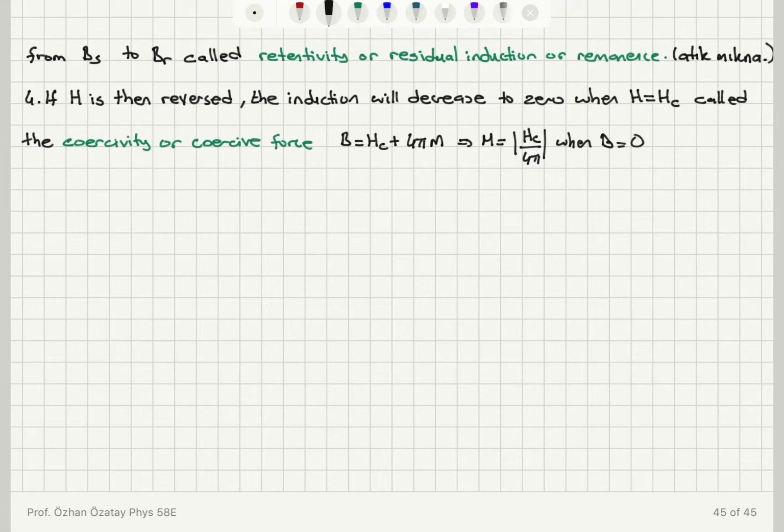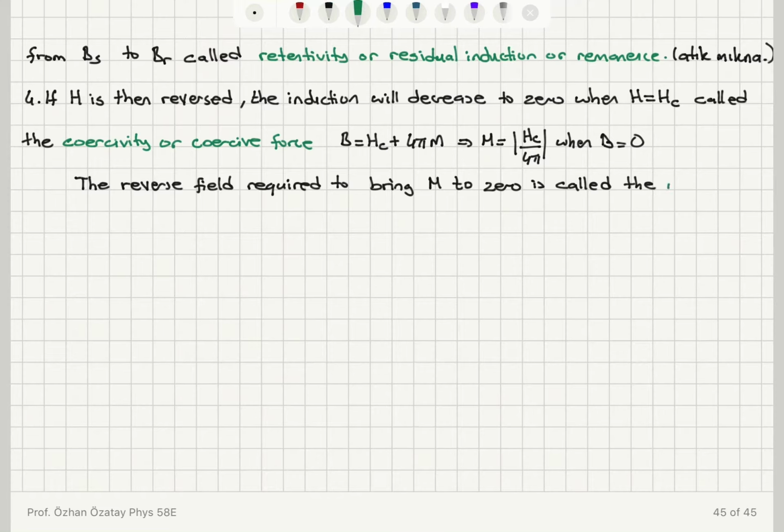So that means we may have to define two types of coercivity. So we can say that the reverse field that is required to bring the magnetization M to 0 is called the intrinsic coercivity.